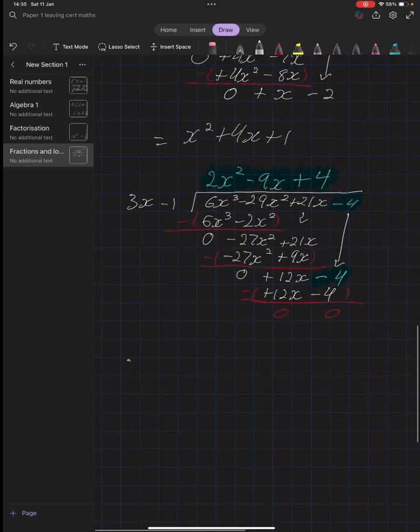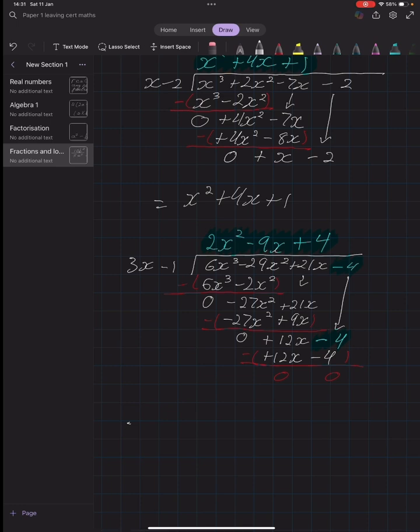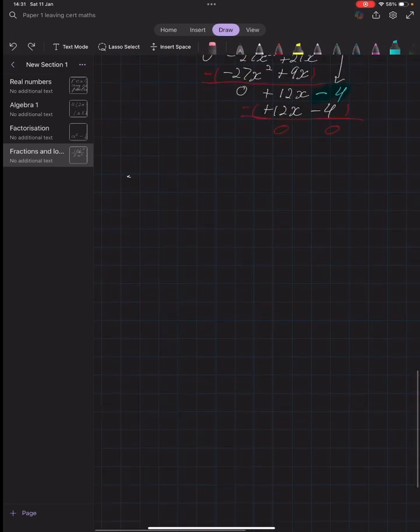Sorry, there's one thing that I forgot to mention. In these things, let's just say this was 0, you still leave a gap. So even if it is 0, you still leave a gap. So I'll just do another one of these quite quickly.